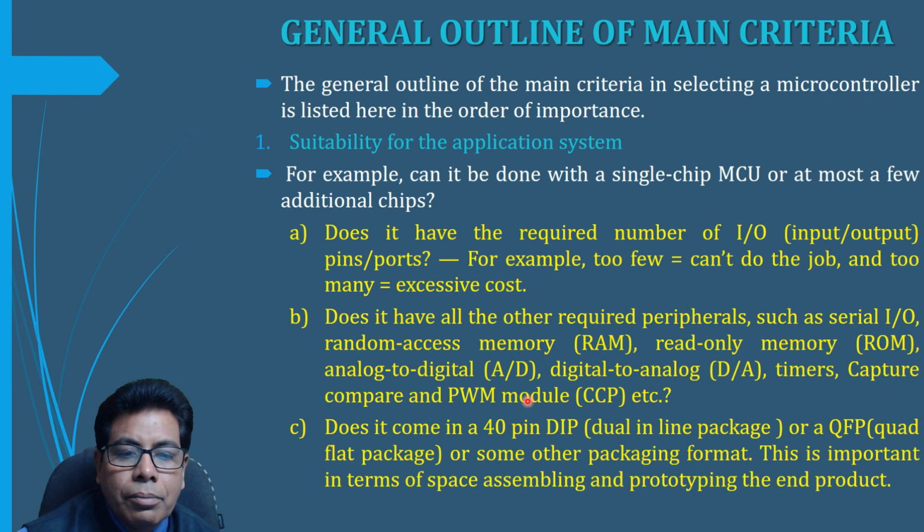Because when we are assembling and prototyping the end product, at that time this information is required. Without that we cannot prepare the printed circuit board PCB layout, and the end size of the product will depend on this.